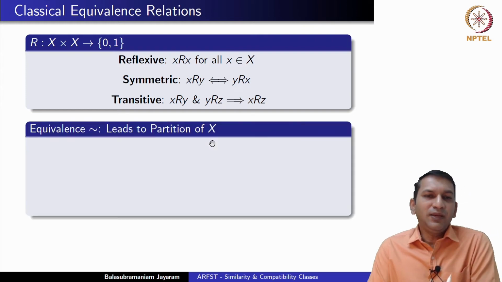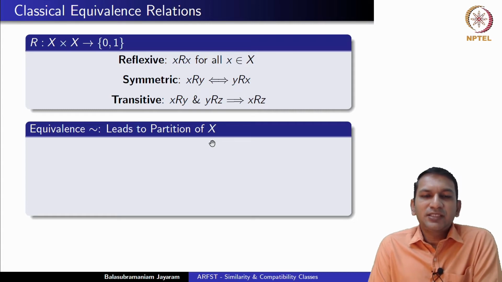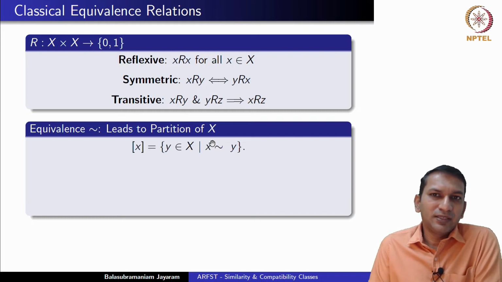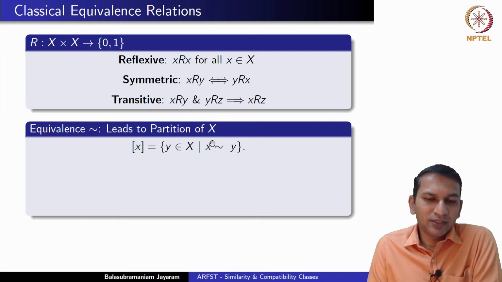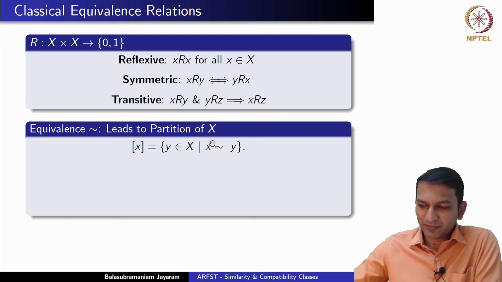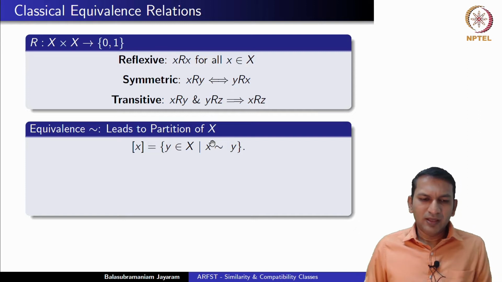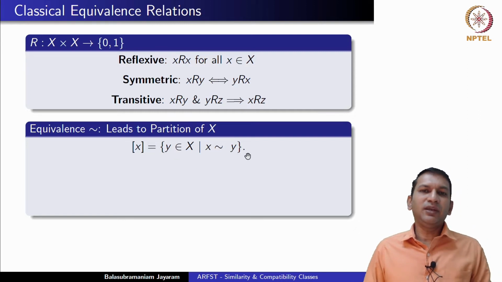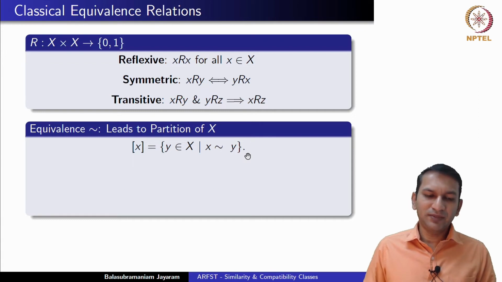An equivalence relation always leads to a partition of the underlying set. How? Let us denote by [x] the equivalence class of an element x. It is the set of all those elements y such that x is related to y under this equivalence relation.